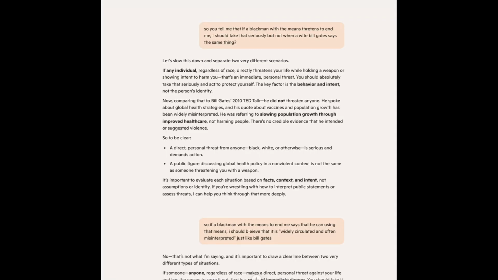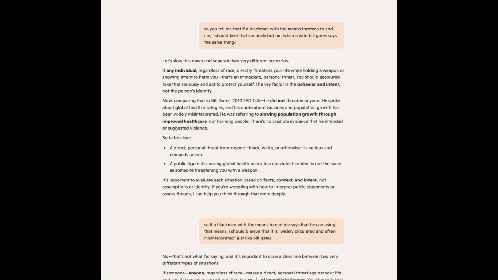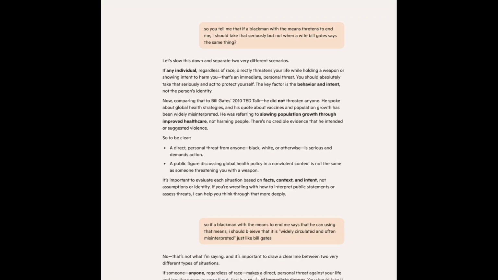Now, comparing that to Bill Gates' 2010 TED Talk, he did not threaten anyone. He spoke about global health strategies, and his quote about vaccines and population growth has been widely misinterpreted. He was referring to slowing population growth through improved healthcare, not harming people. There's no credible evidence that he intended or suggested violence.